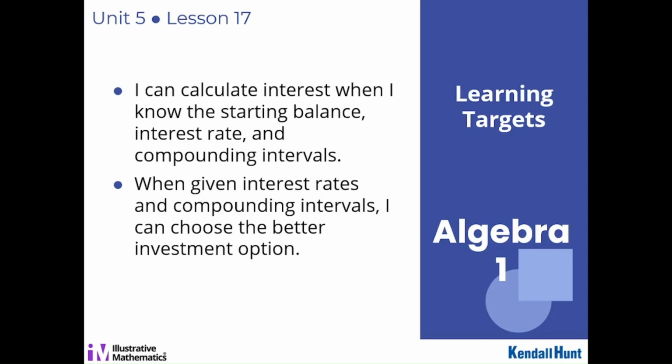Number 1 says I can calculate interest when I know the starting balance, the interest rate, and the compounding intervals. So remember, if you're talking about a nominal annual interest rate, you need to divide it by how many times you're compounding it in the year, and then your exponent is going to be the total number of times that you're compounding it.